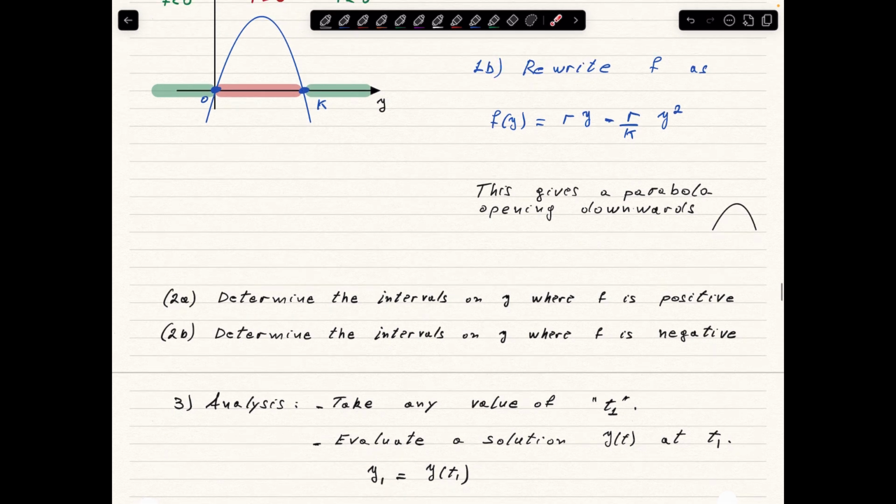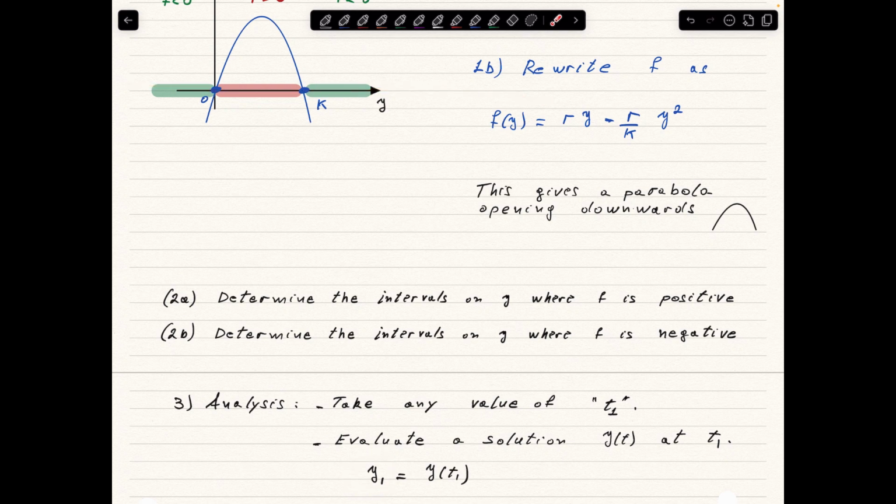Okay, that number has to be in this axis, because this is the axis of the values of all possible solutions. So this number here has to be in this axis.